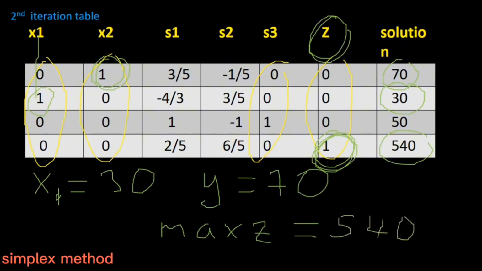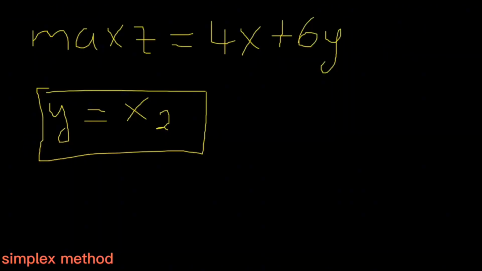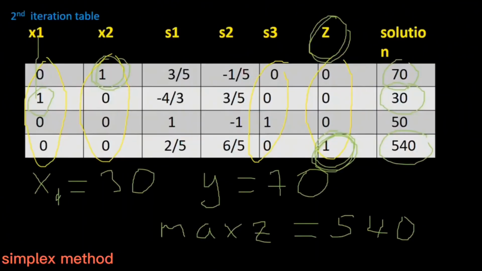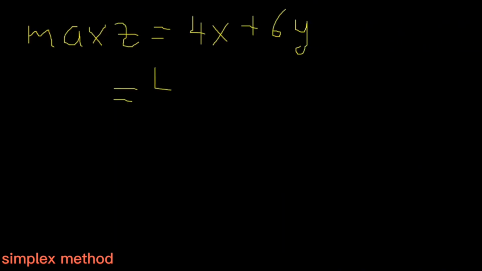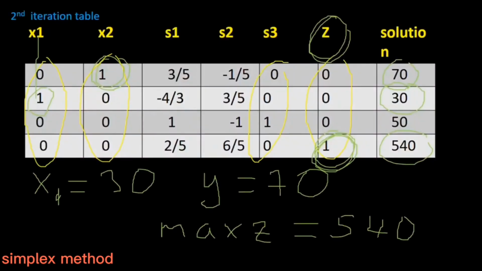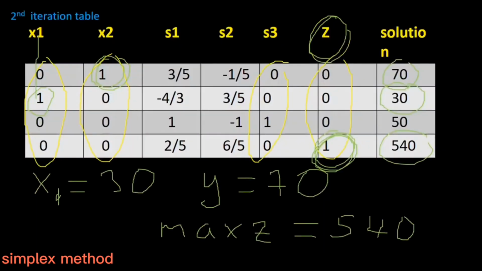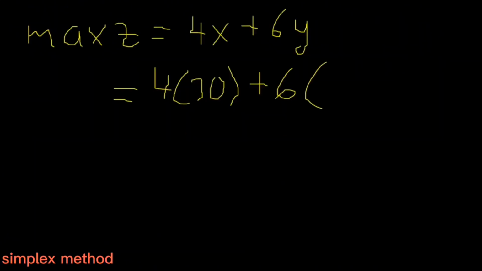540. Substituting this in our equation, max z is equal to what? 4x plus 6y. Substituting the values to show that we had the real value: 4 into 30 plus 6 times 70.